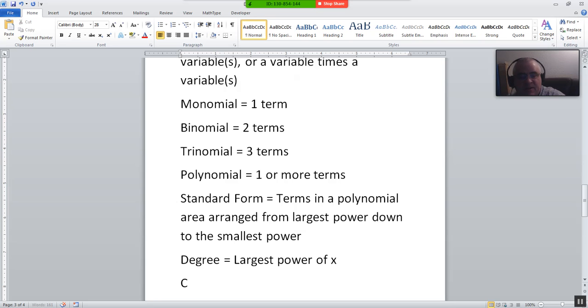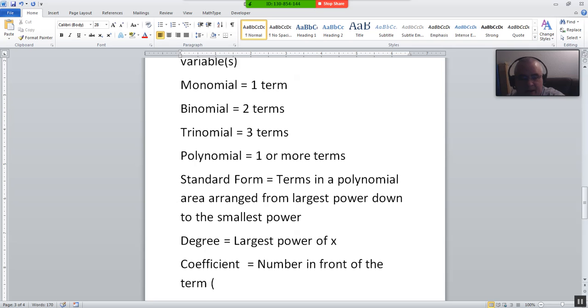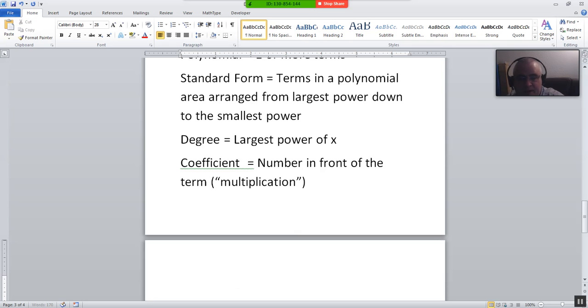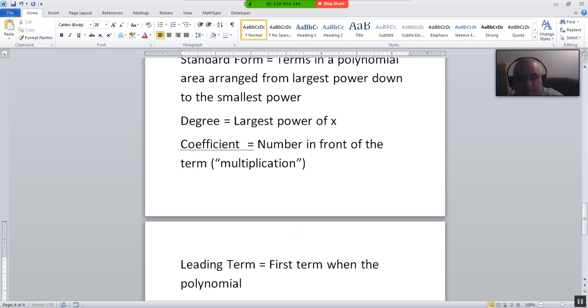We have the coefficient, which is the number in front of the term. And when I'm talking about that, I'm talking in terms of multiplication, not addition or subtraction. We got the leading term, which is the first term when the polynomial is in standard form.